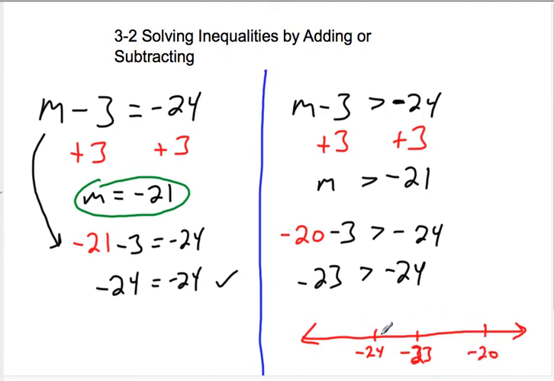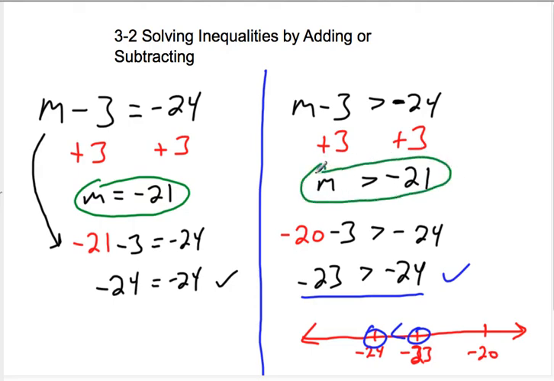So this number, negative 24, is actually less than negative 23, right? So this is correct. So that's a check. Our answer was m is greater than negative 21. Notice it looks similar, except it just has the inequality symbol versus the equality symbol. I'm going to do a couple more examples here.